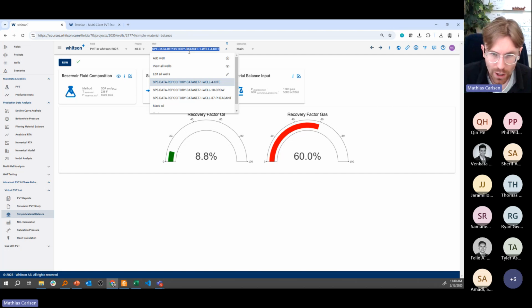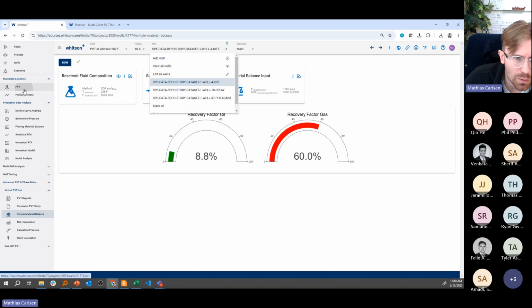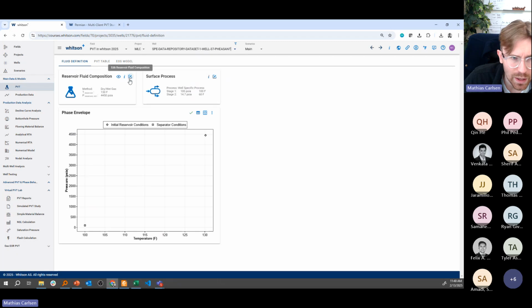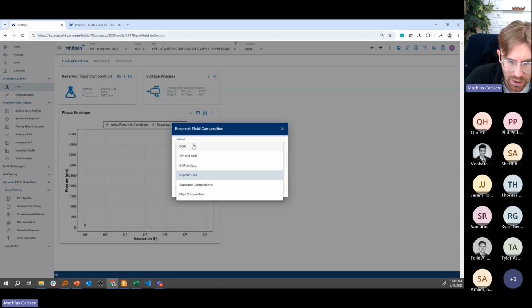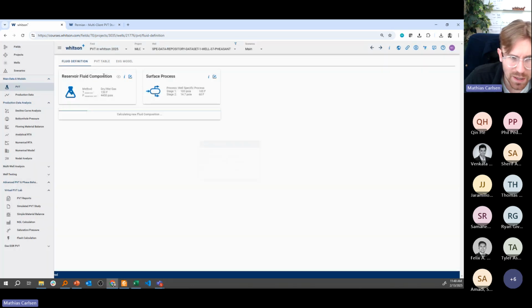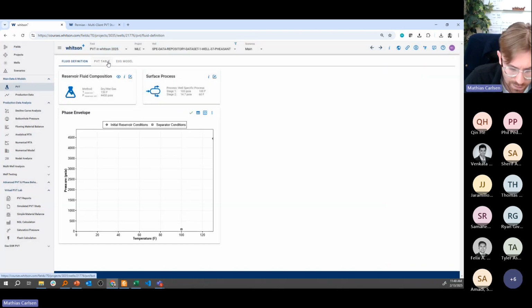If we change just to the pheasant well right there at the top here, go to PVT feature and we change to pheasant, number 37. We change to the pheasant well right there. We can open it, and we can make the method dry and wet gas, and we can put that to be 0.6, and that's basically what we did earlier, and that will be the way you would initialize the reservoir.